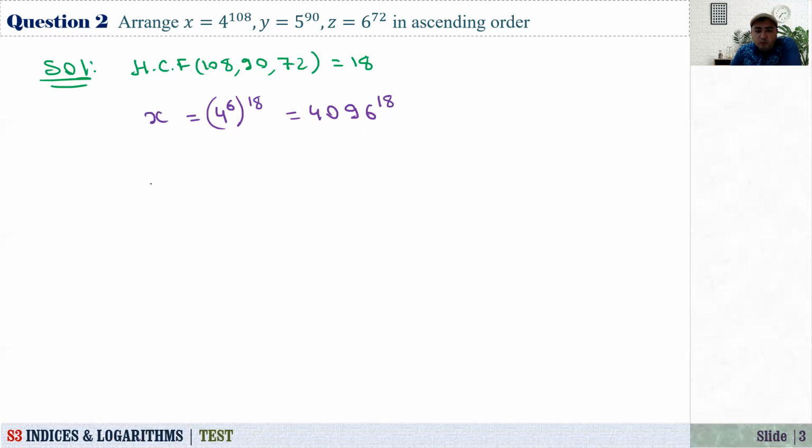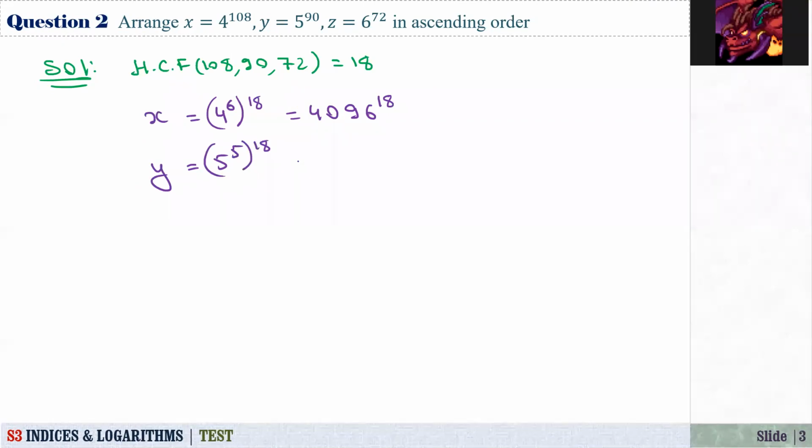And how about y? Here we have 5 to the power of 18 times 5. What is 5 to the power of 5? It is equal to 3,125, so 3,125 to the power of 18.